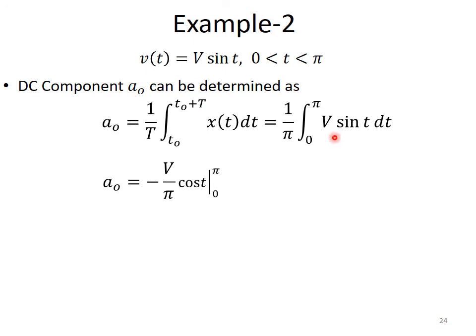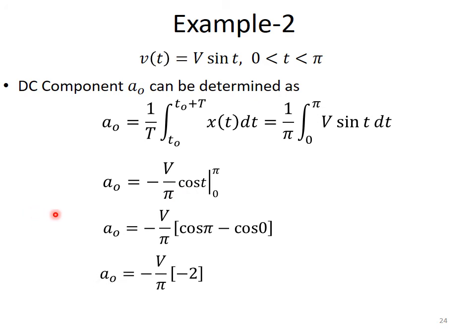So evaluating the integral and substituting the limits, you get a naught equal to 2V upon pi. So the average value of output of full wave rectifier is 2V upon pi.